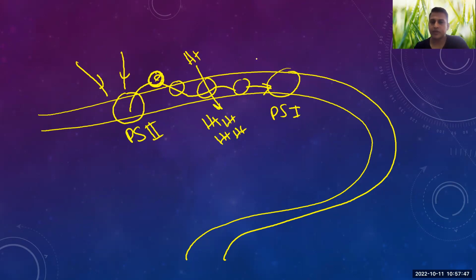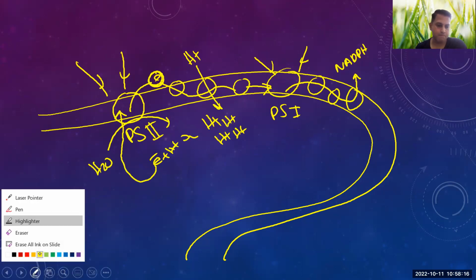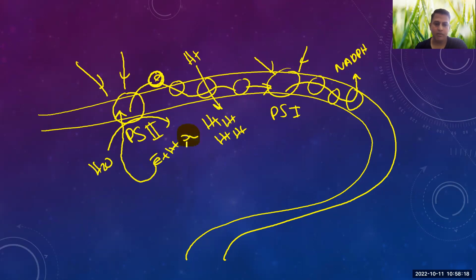In PS1, again light is absorbed, the electrons move, and finally it produces NADPH. In this reaction, electrons are again produced by water splitting, and these electrons go back into this system. So what are the products? Oxygen and NADPH.